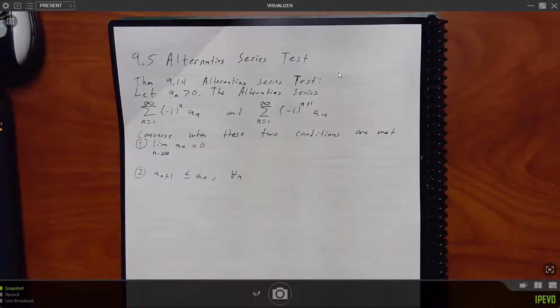I don't know where I put those notes. Guys, did I send you the notes for 9.4? Hopefully, if I didn't send it to you, let me know. I was wondering if you got the Canvas message.